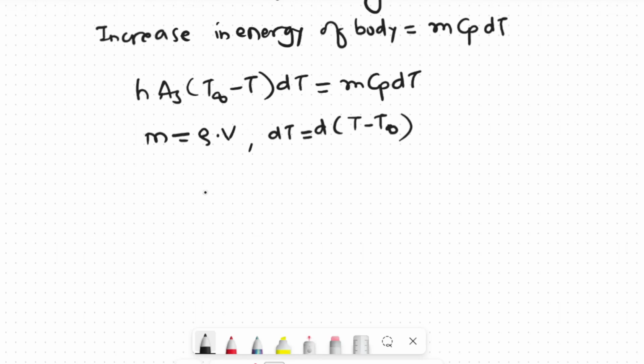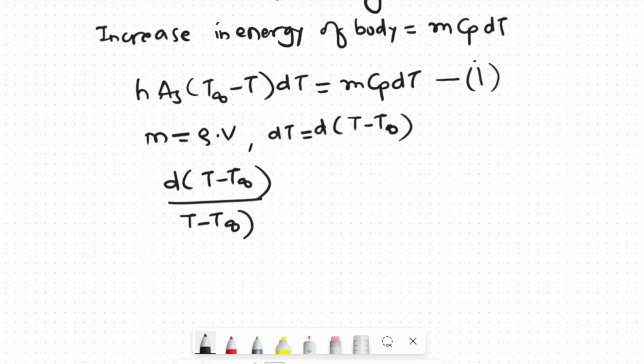So putting this value in relation number 1, and rearranging the relation, we get d(T minus T infinity) divided by (T minus T infinity), keeping the terms of T minus T infinity on the same side, is equal to h into As upon density into V into Cp into dt.